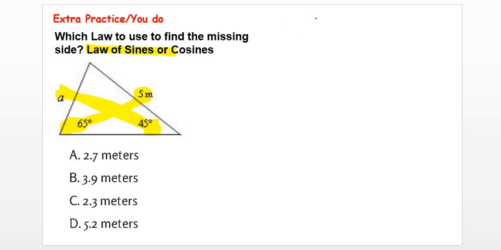Law of sines can be written in two ways. You can write sine A over a equals sine B over b equals sine C over c. By the way, we use just two of them, not three of them at the same time.